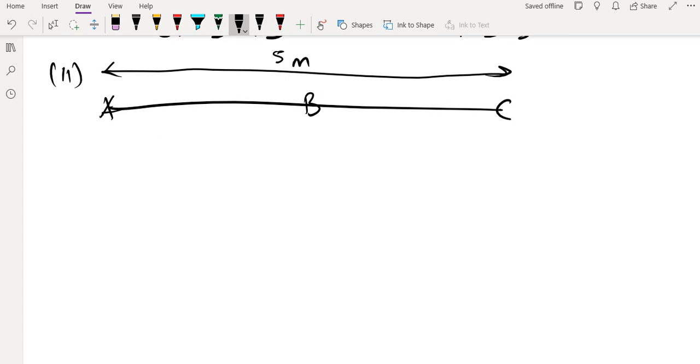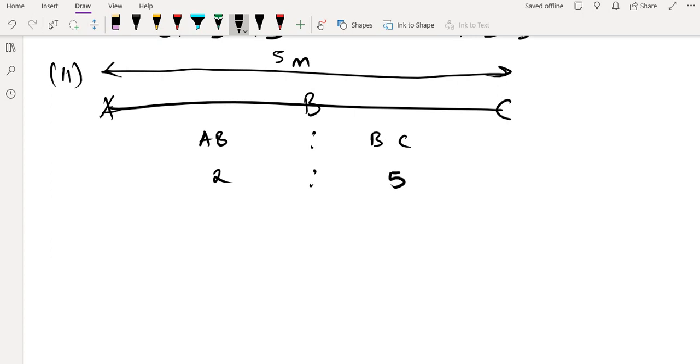We're given the ratio of the sides. Look, we're given the ratio of the sides. We're told that AB ratio BC is 2 ratio 5. So AB, which is from here to here, ratio BC, which is from here to here, is 2 ratio 5. We're now told to get what?